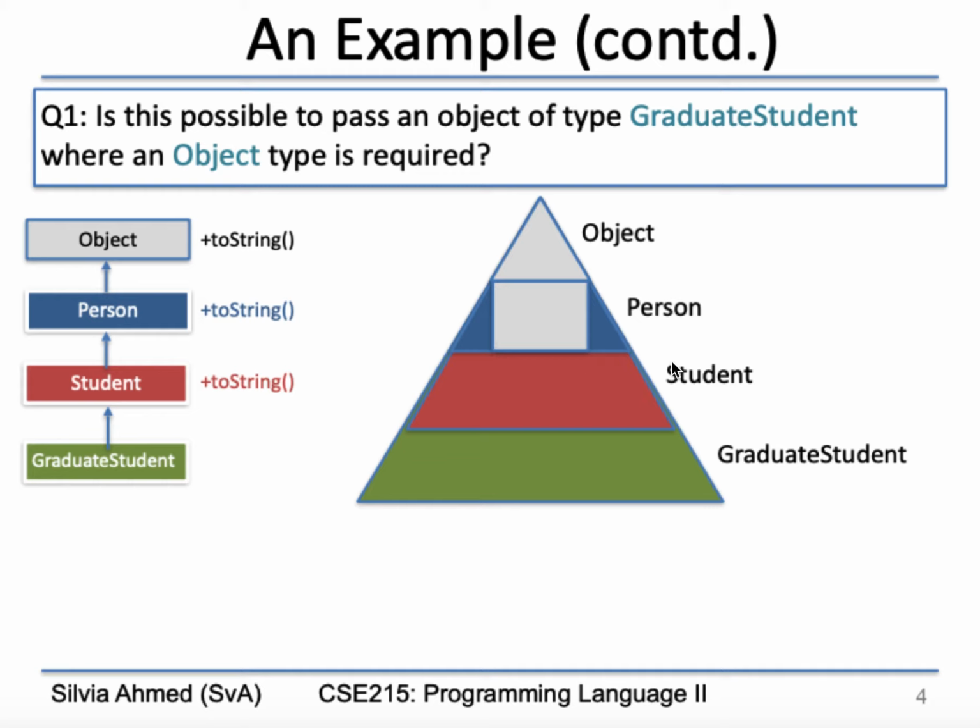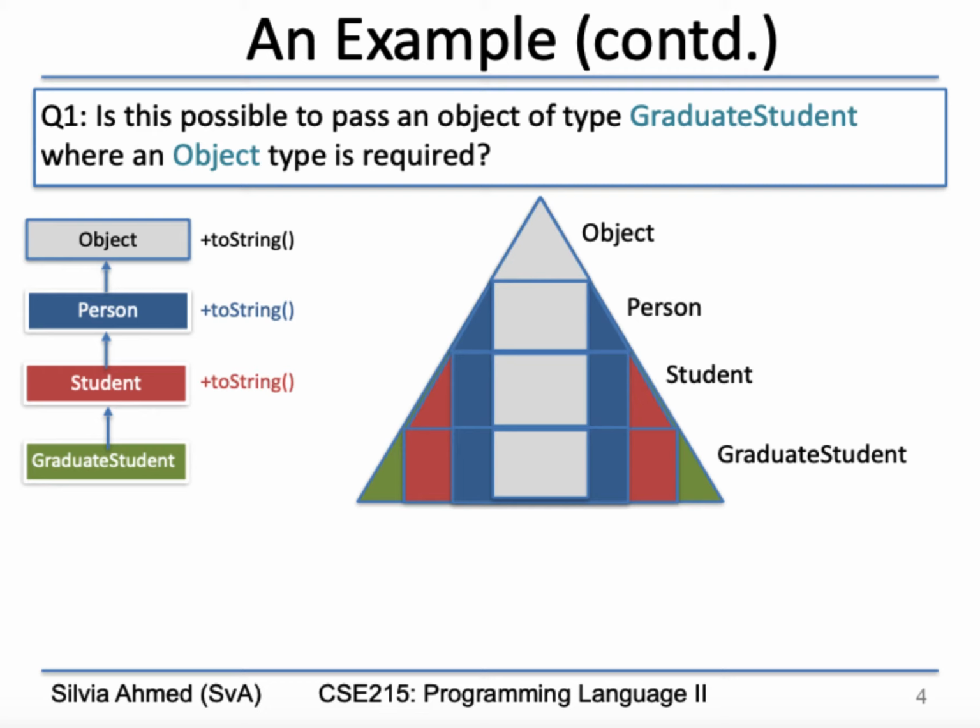Then the Student class will inherit everything accessible from the Person class, including attributes from the Object class. Then in the GraduateStudent class, we have everything accessible inherited from the Student class, where inside we have attributes from Person and also attributes from Object.